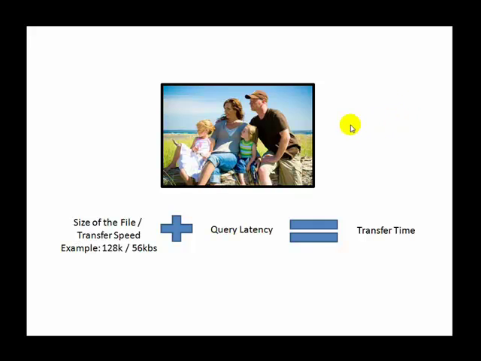So, in order for the user to get this image, there's the size of the file, the speed that the file can go through the pipeline, and the query latency, which will equal the total transfer time. Remember, we want our web pages fast, so we need the total transfer time to be short.